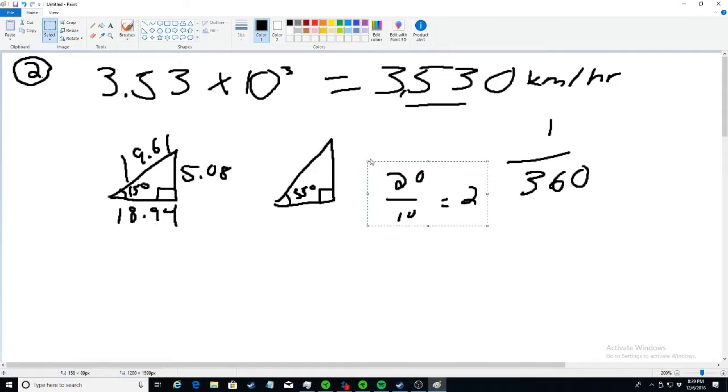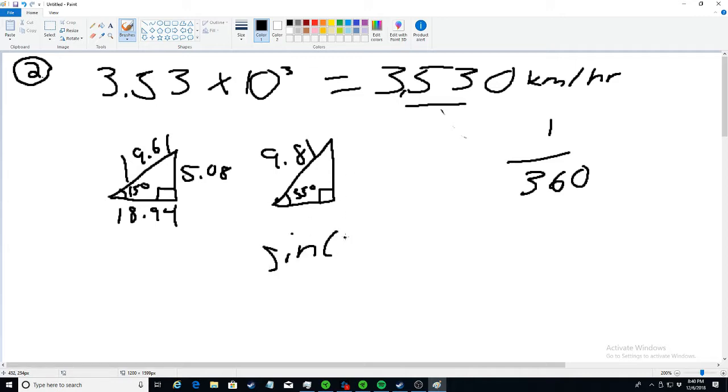So technically the math would be 1 over 180, and multiply that by half, and you're going to end up getting 1 over 360. Multiply these two together in your calculator, and you're going to end up getting 9.81, which is very logical, as this number is just about half of this number.